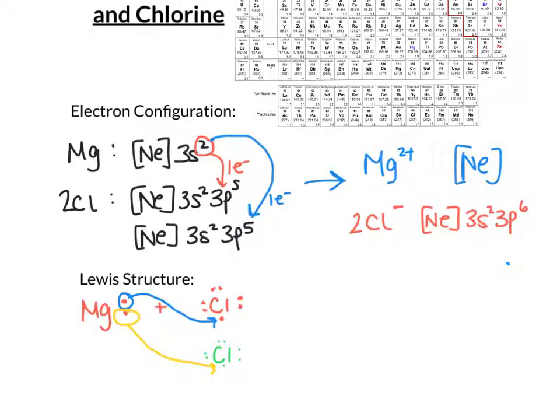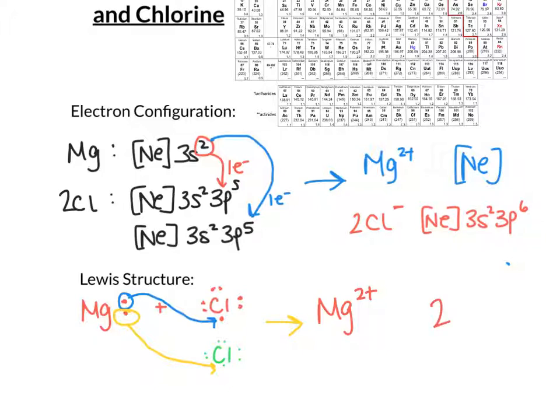All of those ions, so the magnesium ion and the chloride ions, have full valence shells, so they're happy. We now have magnesium, which has lost its 2 valence electrons, so we're not going to draw any valence electrons on it, but it does have a 2+ charge because it lost its electrons.